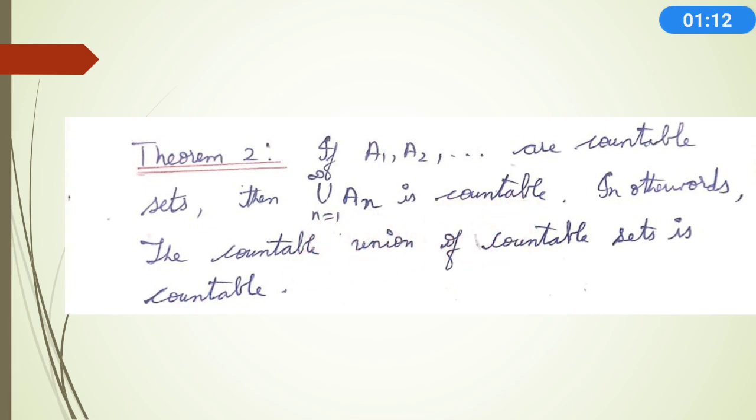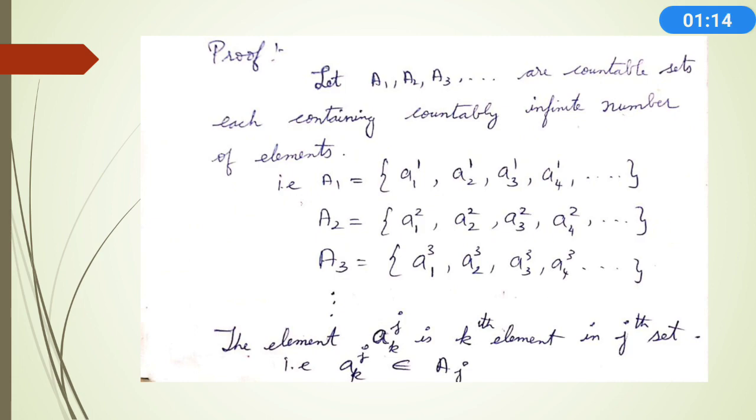The proof goes like this. Take A1, A2, A3, etc. countable sets, and each of these sets will contain an infinite number of elements. So let me name the elements.